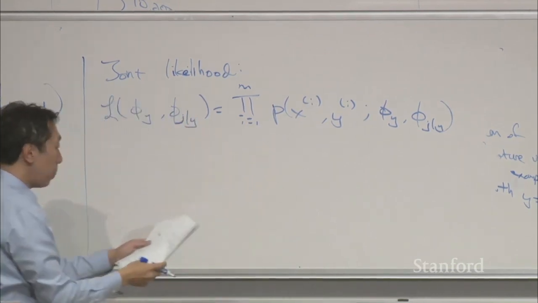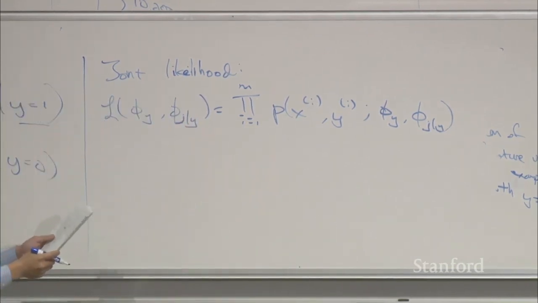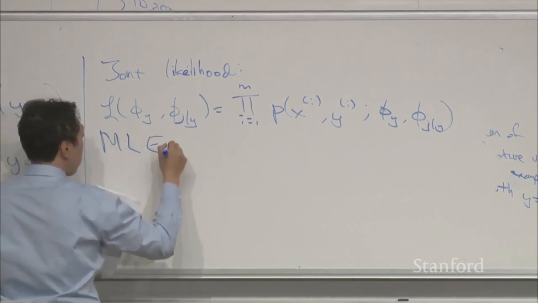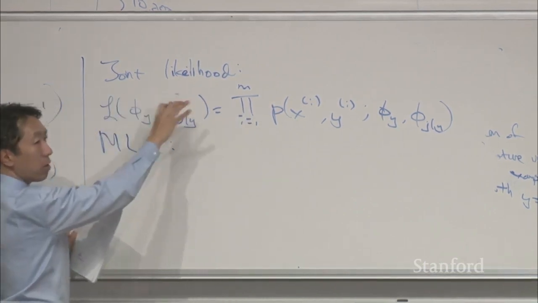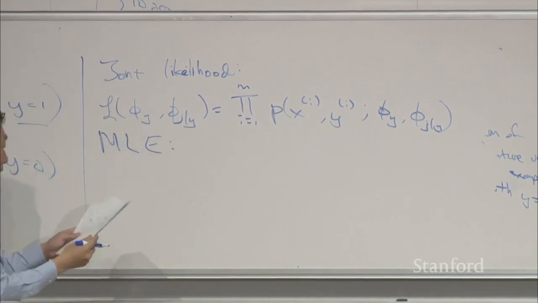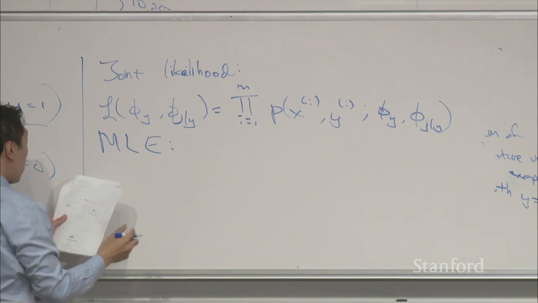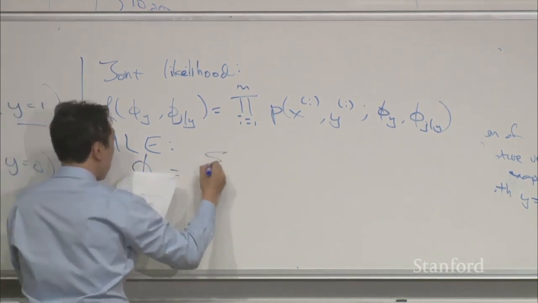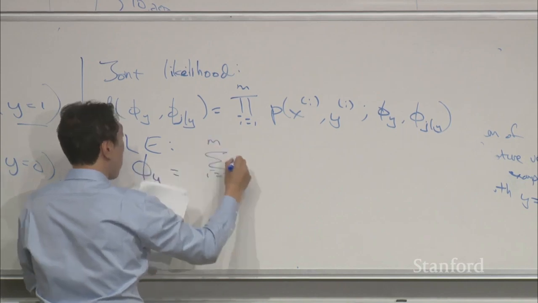Right, similar to what we had for Gaussian discriminant analysis. And the maximum likelihood estimates, if you take logs, take derivatives, set derivatives to 0, solve for the values that maximize this, you find that the maximum likelihood estimates of the parameters are phi y is pretty much what you'd expect.